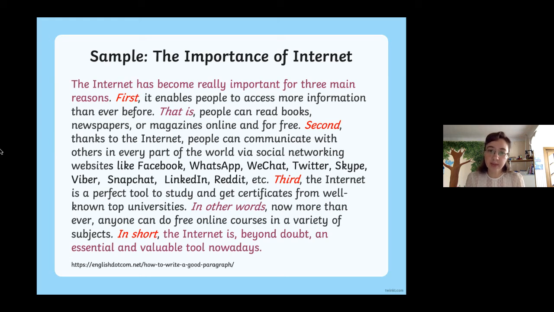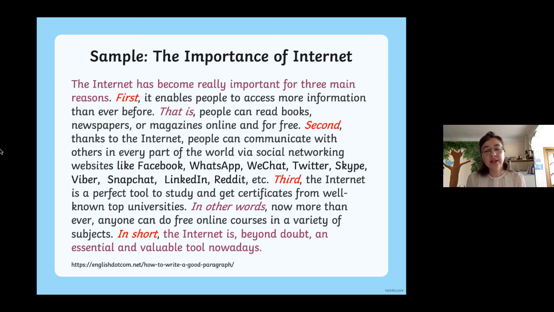So this is an example. That is, people can read books, newspapers, or magazines online and for free. This is your explanation. It explains your examples and it has got specific details, like not just read books or read things, but read books, newspapers, magazines, and read them online or for free.